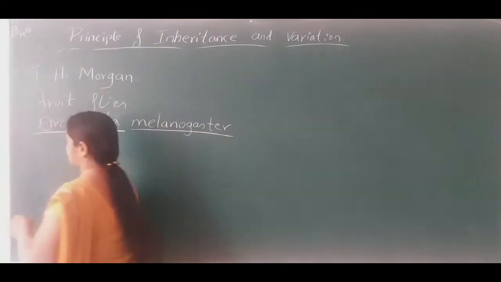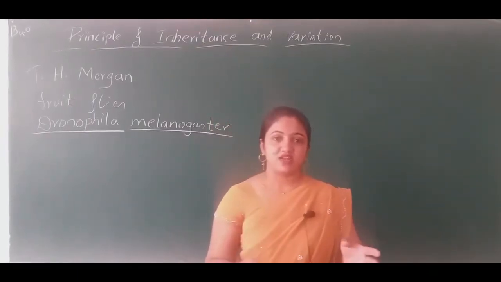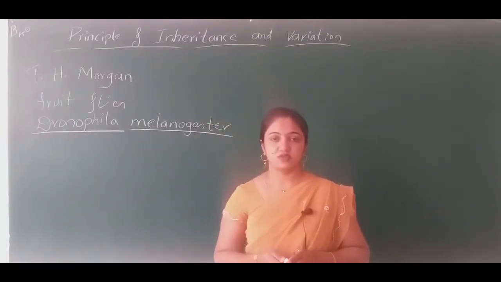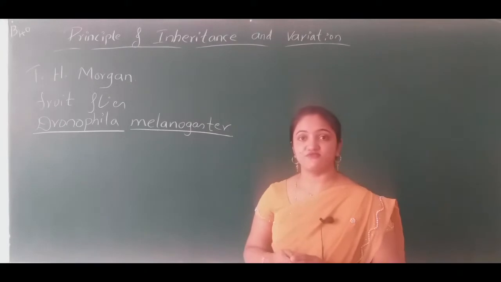The fruit flies hover on fruits. So what is the purpose of selecting the fruit flies? What is so special in that fruit fly? We will find out the reasons behind it.